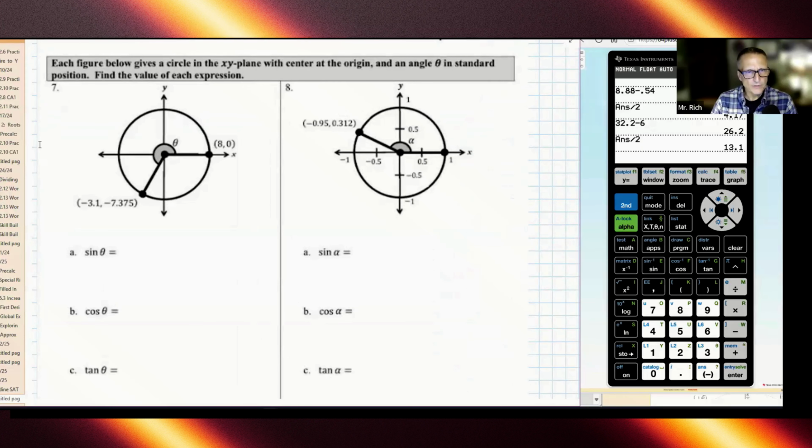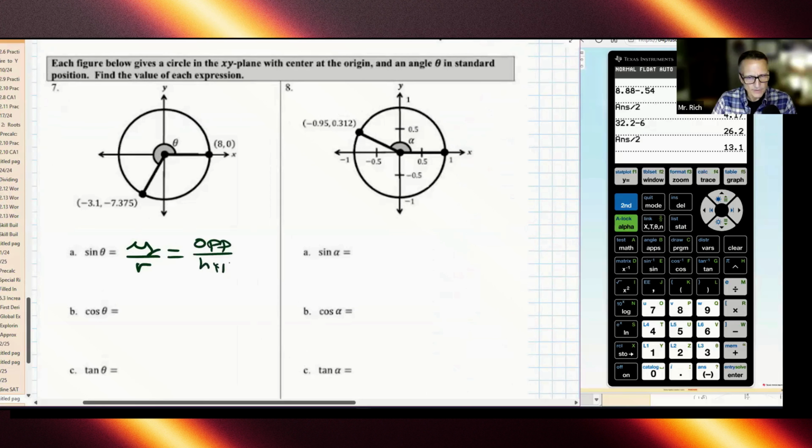Well, let's do that. Each figure below gives a circle in the XY plane with center at the origin and an angle theta in standard position. Find the value of each expression. Well, what we know is that sine of theta, when it comes to circles, is going to be the y coordinate divided by r, simply because sine is the opposite side divided by the hypotenuse.